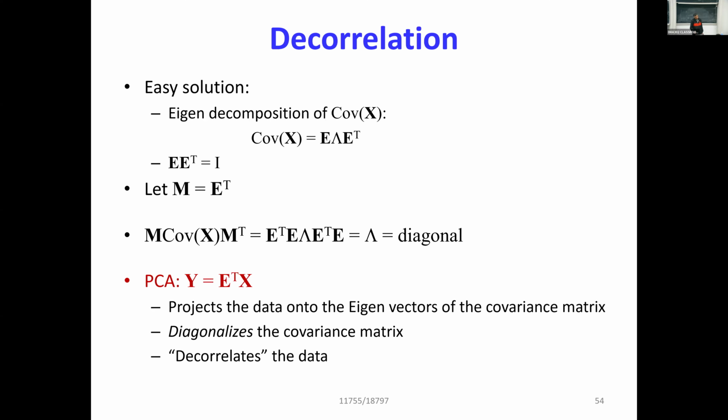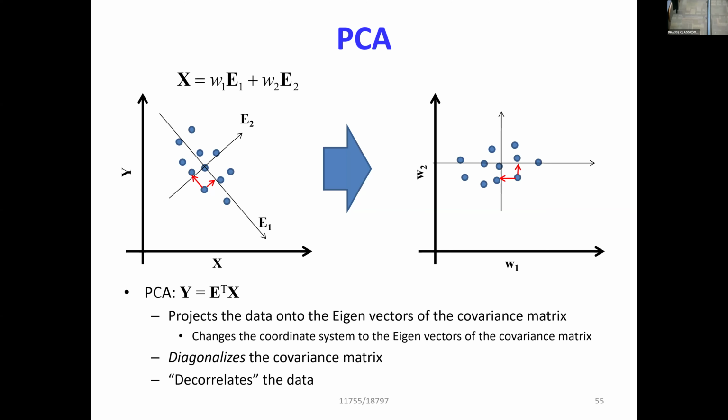So if your data look like this, then the eigenvectors for the covariance matrix are going to be these two guys. And when you transform the space by the transpose of the eigenvectors, this is going to become the new x-axis, this is going to become the new y-axis, and now your data are going to be decorrelated. It diagonalizes the covariance matrix. Again, so far so good.